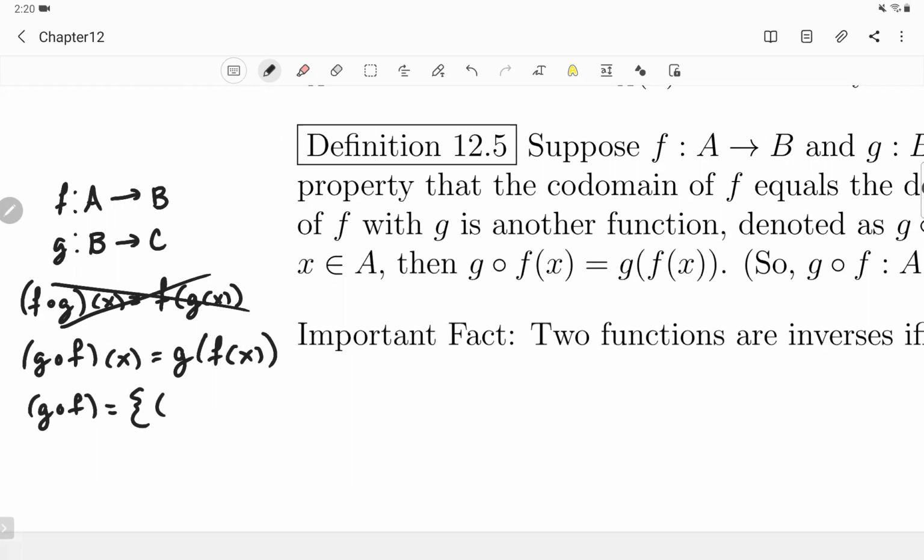Let's see, I input something from A, so I'm going to use little a, output something from C at the very end, C, such that, all right, there exists a B in capital B. Here we go, well, let's use function notation. F of A equals B, and G of B equals C.